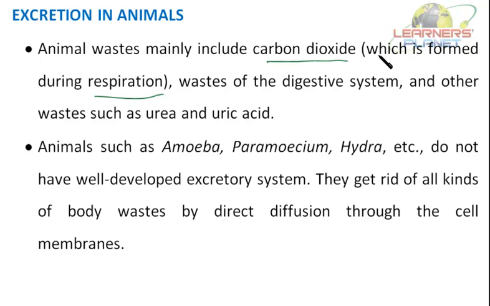These are the main waste products which you need to remember: urea and uric acid. Now try to recall that carbon dioxide is removed as waste from the body through the lungs during exhalation. Also recall that the undigested food is removed during egestion. So let us find out how the other waste materials are removed from the body.